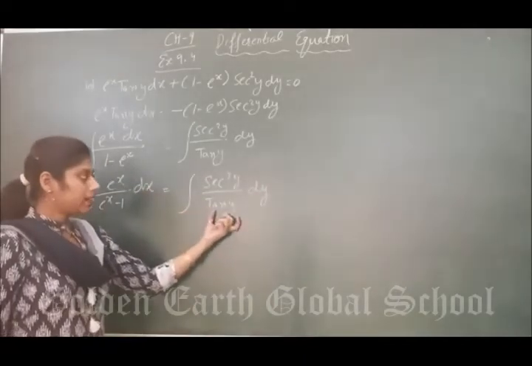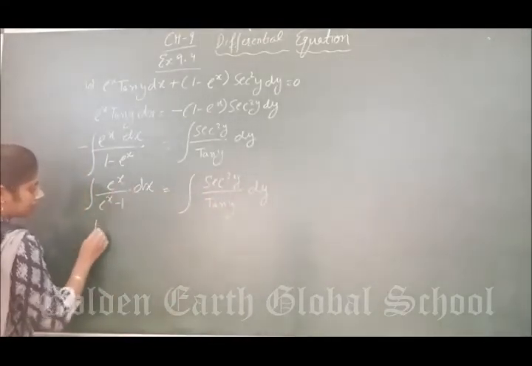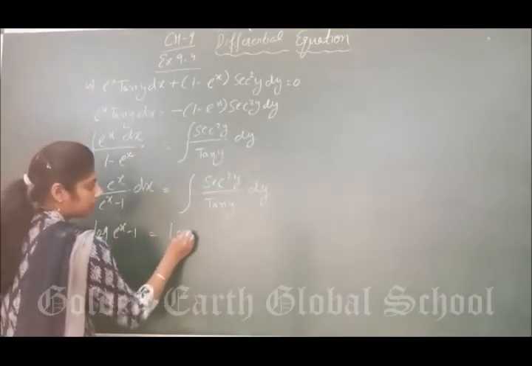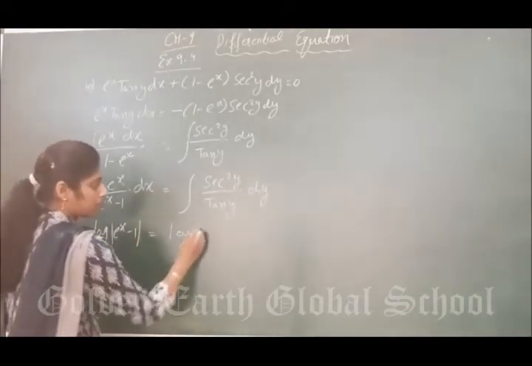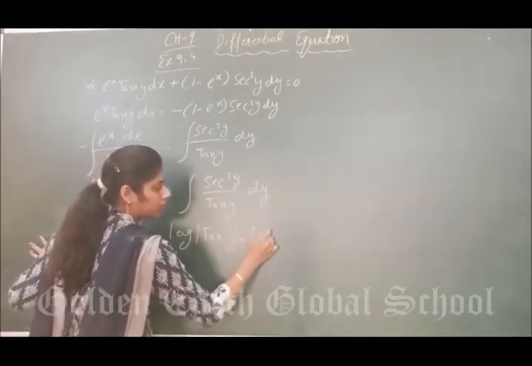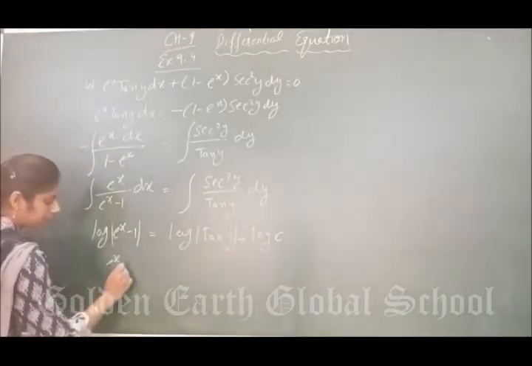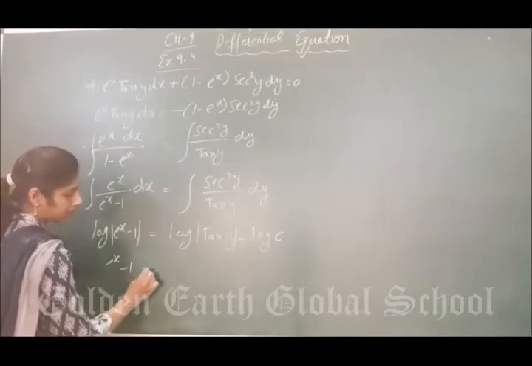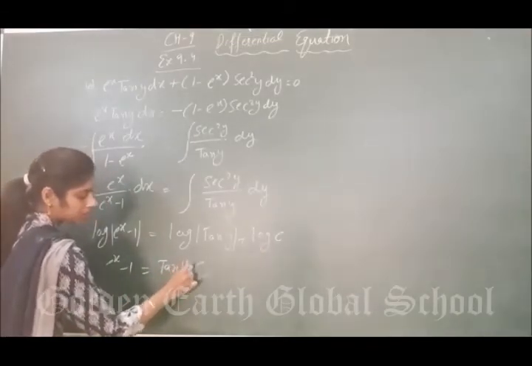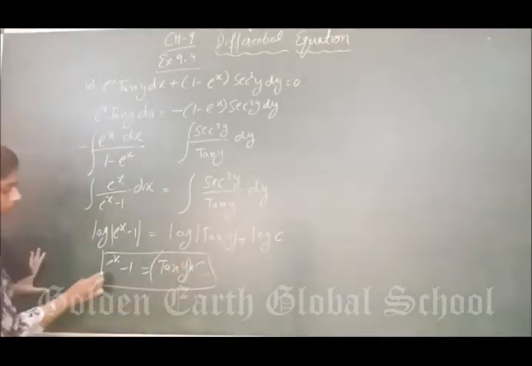Similarly here, the derivative of tan y is in the numerator. So its integration is log of e^x minus 1 equals log of tan y, plus you can write log of c. So the answer will be, by applying the log property, e^x minus 1 equals tan y into c. Clear? So this is your complete solution.